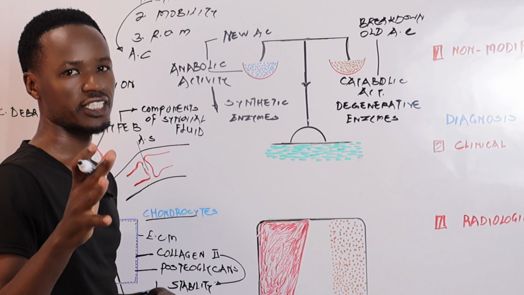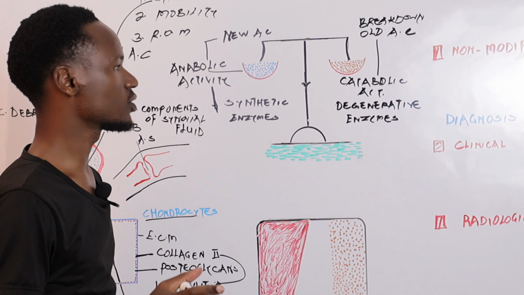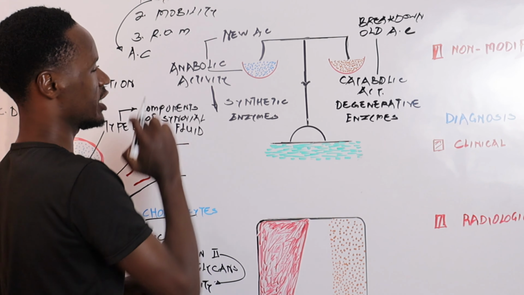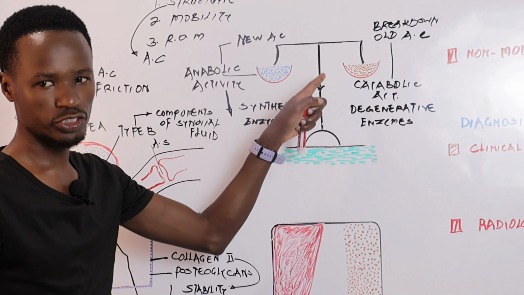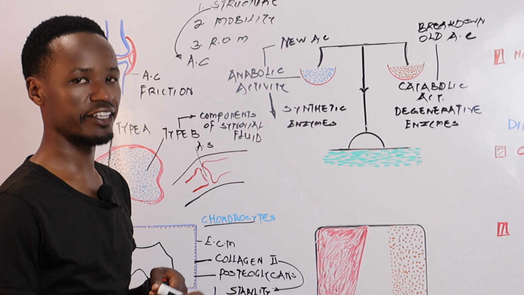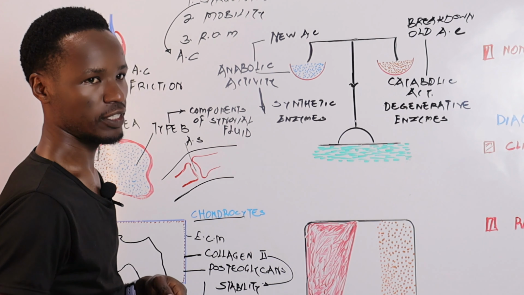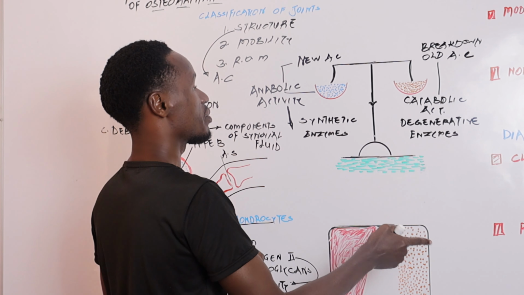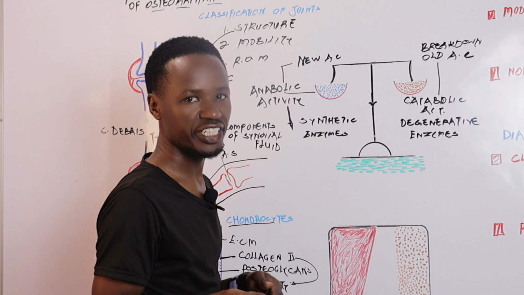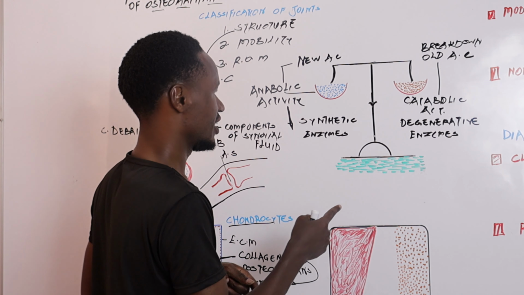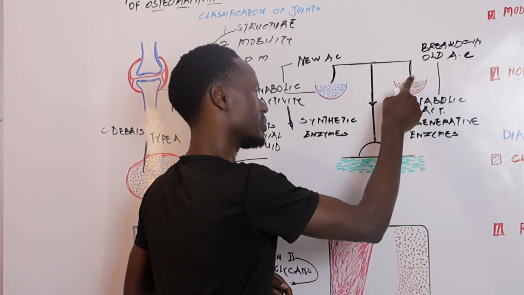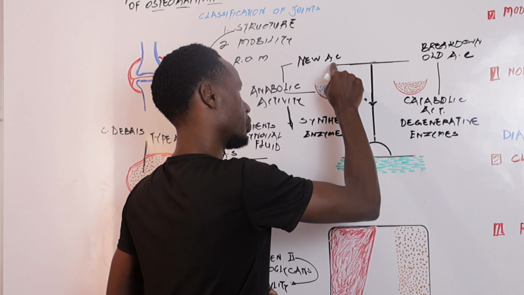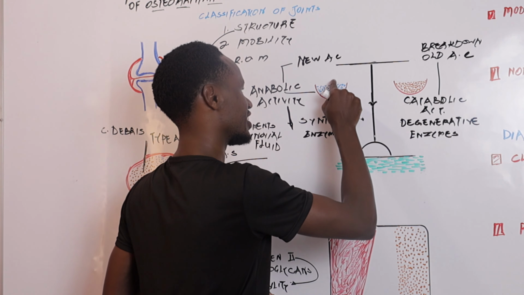So what could go wrong to cause the catabolic activities to overpower anabolic activities? We are going to talk about that once we reach the risk factors. But look here. If the catabolic activities are overpowering the anabolic activities, it means what? It means that this balance will tip towards which side?